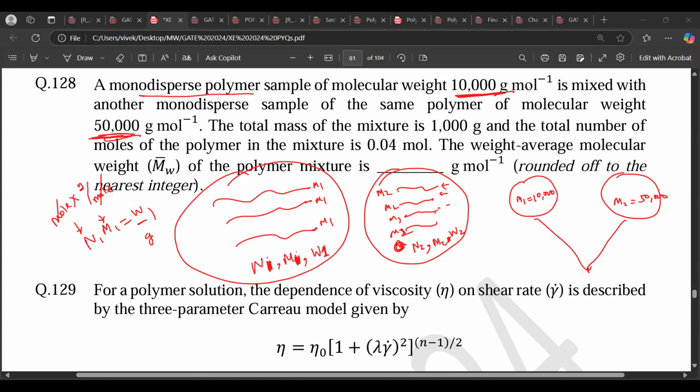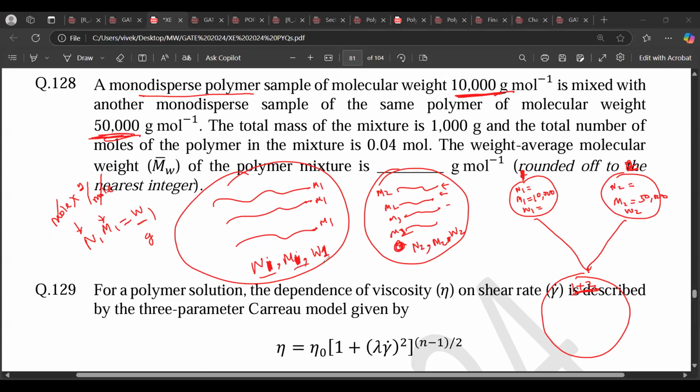Now when you're mixing it, this is, let's say, group A. I would write 1 and 2 because it's easy to write N1, M1, something like that. So if you add 1 plus 2, here you don't know what your W1 is, here you don't know what your W2 is, here you don't know what your N1 is, here you don't know what your N2 is, right?